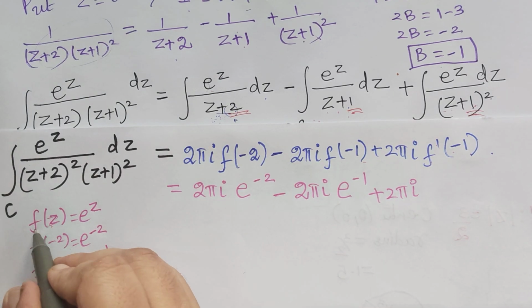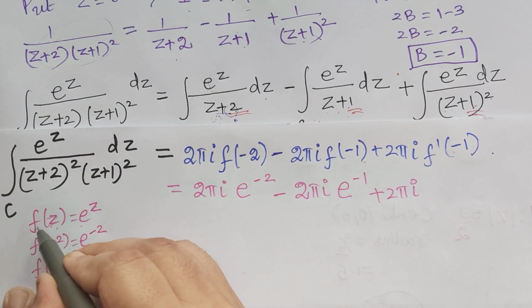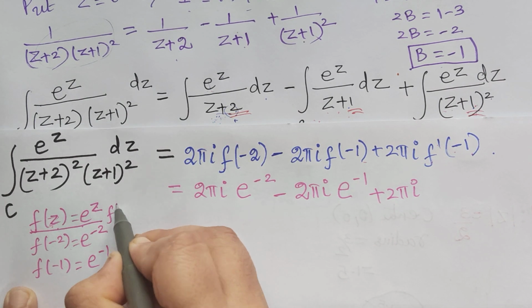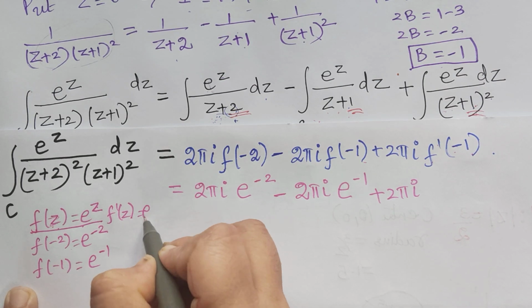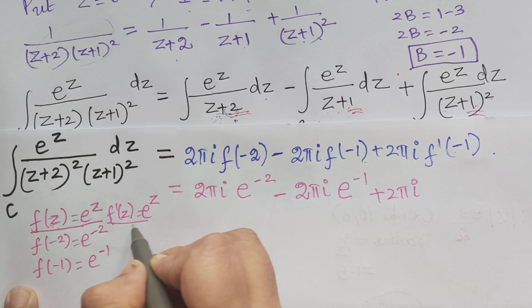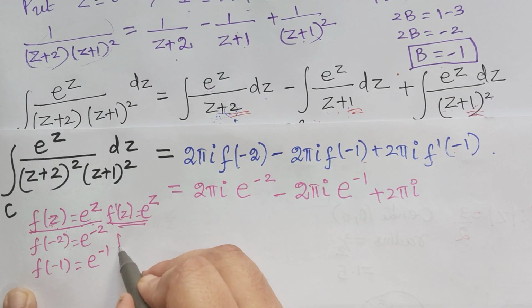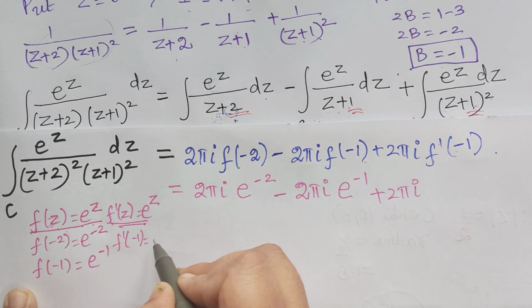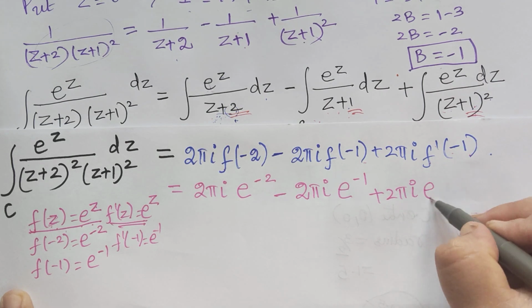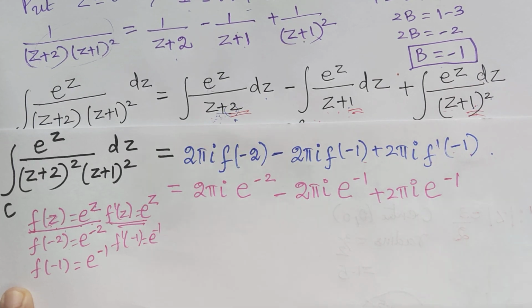Since f of z is e power z, f dash of z is also e power z, because the differentiation of e power z is e power z. So f dash of minus 1 is e power minus 1.